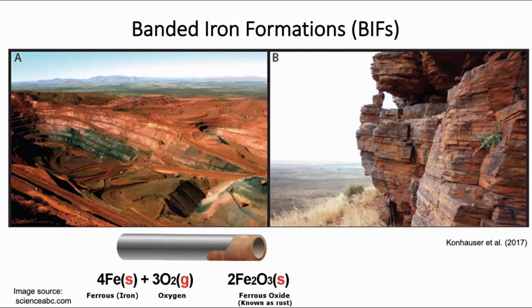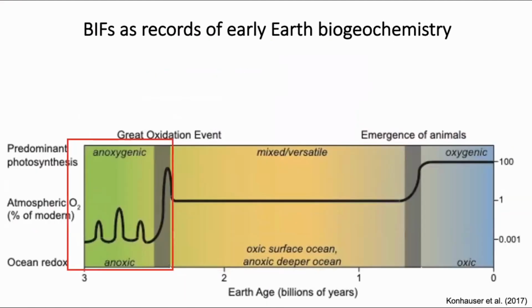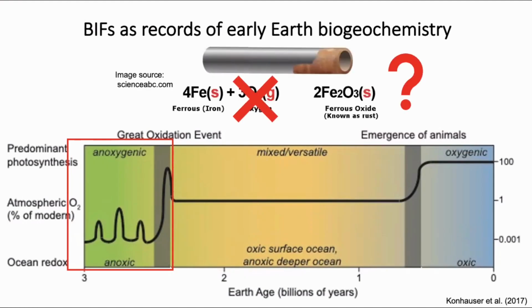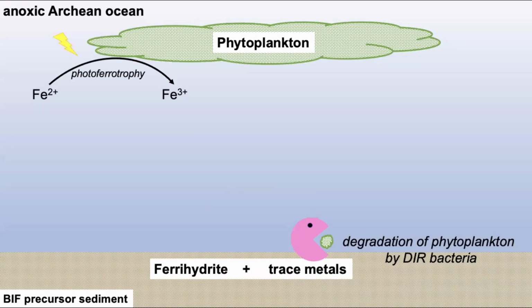But as I just told you, these iron oxides in banded iron formations were laid down during periods of Earth's history that didn't have oxygen present. So without oxygen, how in the heck are we getting these massive deposits of iron that have fallen out from ancient oceans? One of the hypotheses for their formation is dependent on microbiological processes.